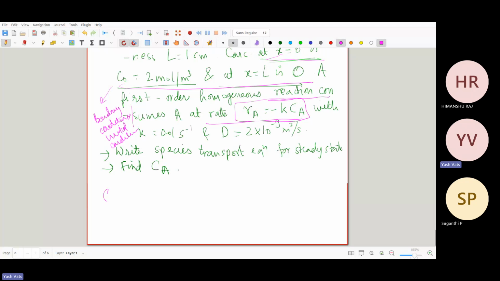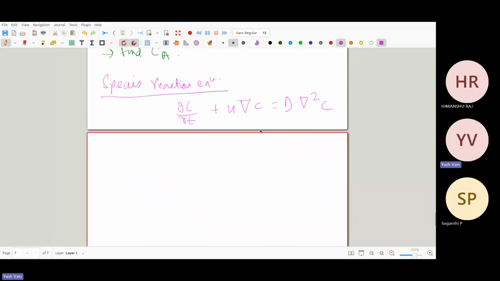So we have a species transport equation, that is del C over del t plus u gradient C equals D gradient square C. Since we have to find a steady state equation, del C over del t is 0, and we don't have u in this, so we assume u equals 0.